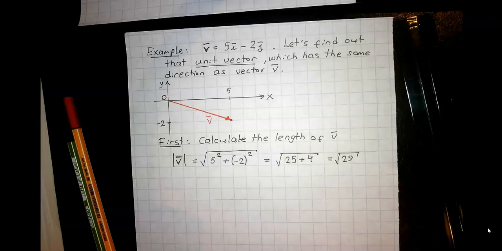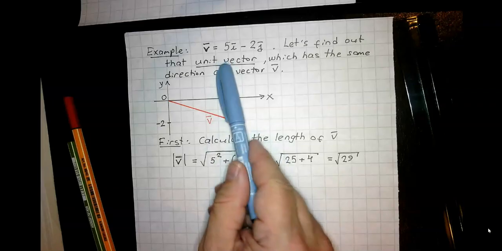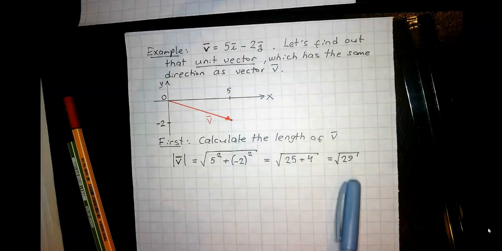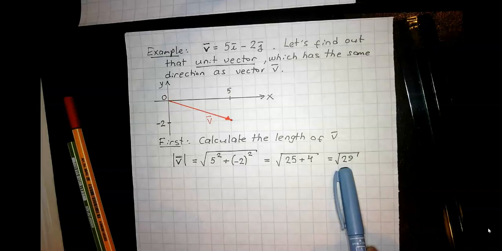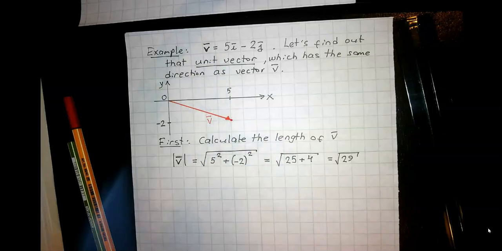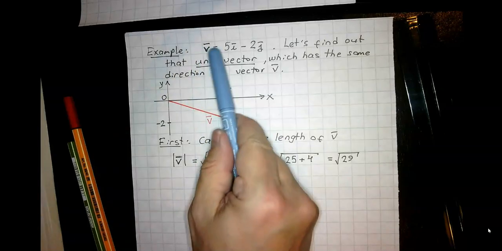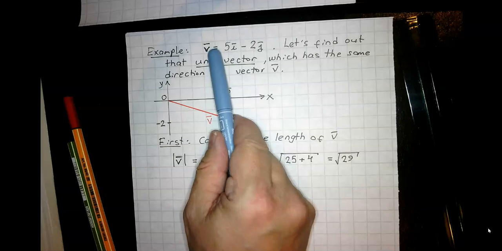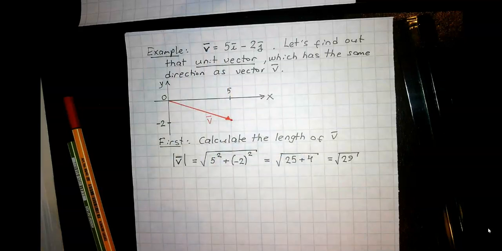And the same holds when we are dividing the vector V by this length of the vector V. We will get the unit vector, which has the same direction as this vector, but it has only the length of 1 unit.